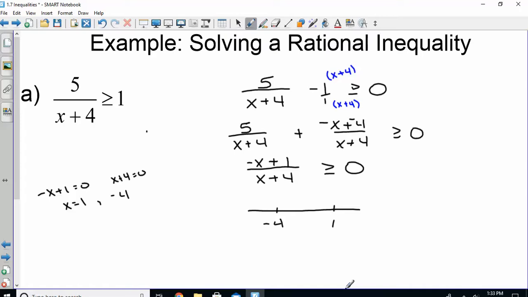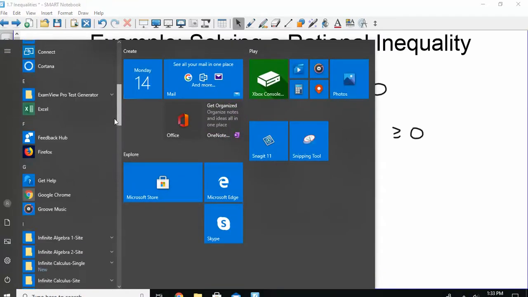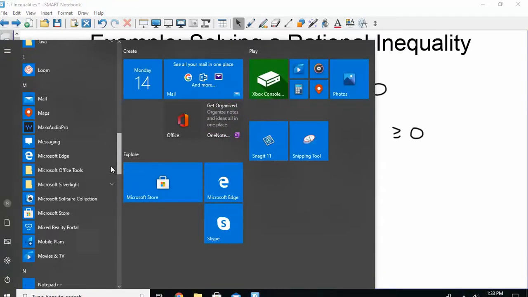From here, there are a couple different approaches. I have found that people prefer to look at the graphs. The graphs of these, it's not like a quadratic where it's always a parabola. So get out your graphing calculator or open it up on your Chromebook if you don't have one, and let's take a look at this graph.